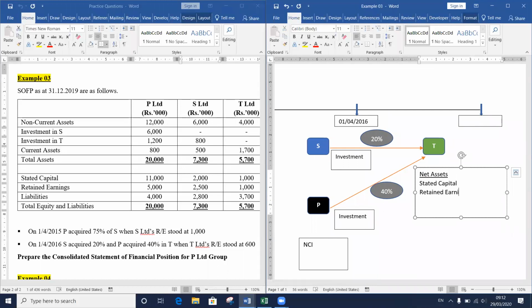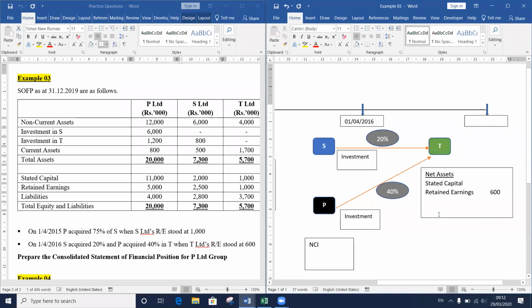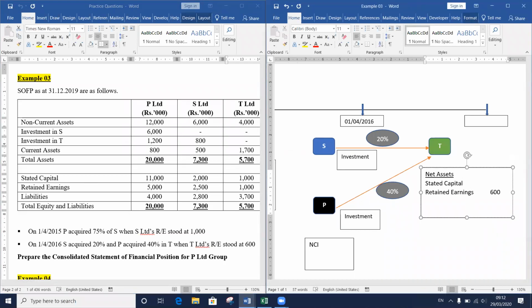The stated capital amount of T Limited on the acquisition date is 1000.